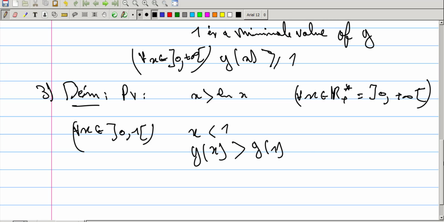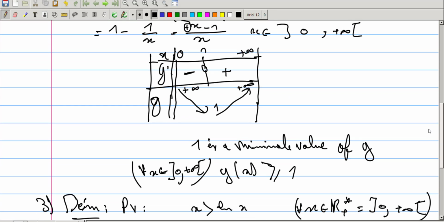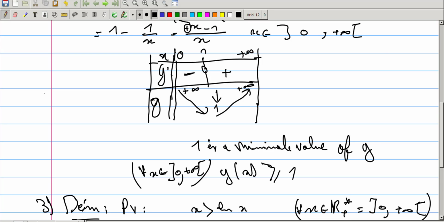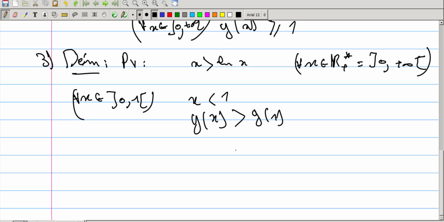We have g of 1 equals 1. If you can see here, we said g of 1 equals 1. So we are just going to substitute g with 1. So g of x is greater than 1. Cool.